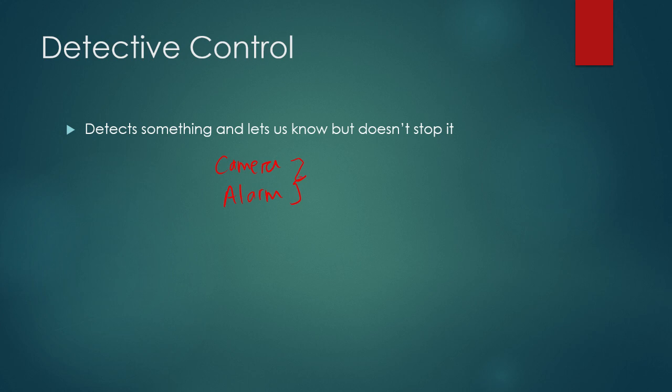And these systems work in layers with preventative controls. So preventative physical controls, like a door lock, and deterrent controls, like a fence. So if I have a building and I put a fence around it, that's my first layer.